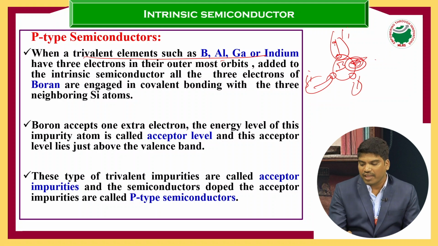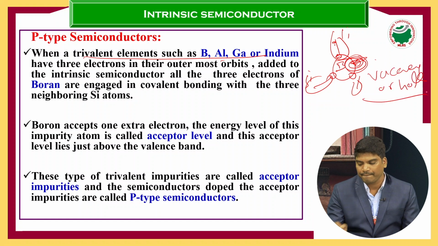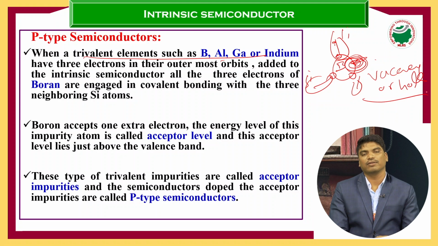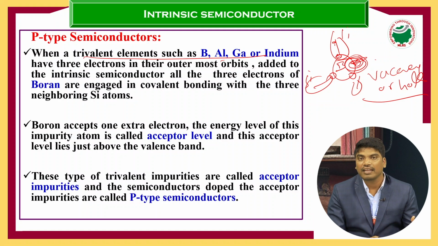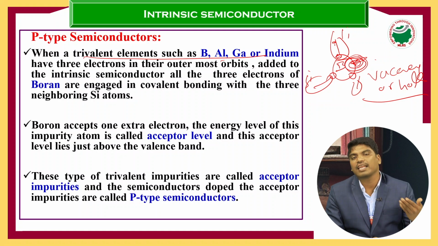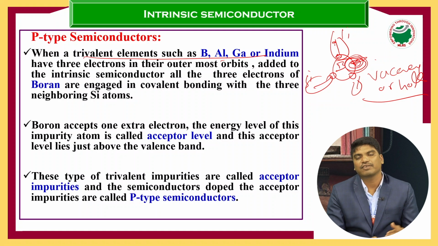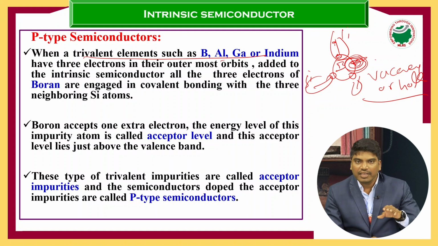This vacant position is known as a vacancy or hole. Earlier I created excess electrons in the material, but in the case of p-type semiconductor, I am creating vacancies in the material.